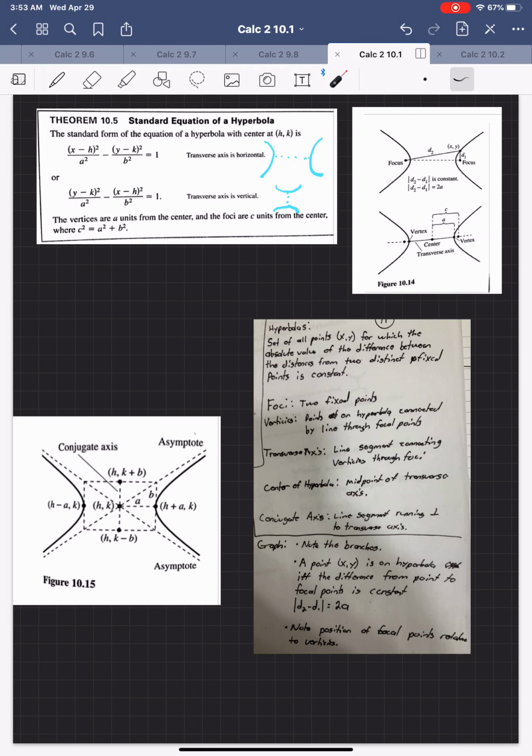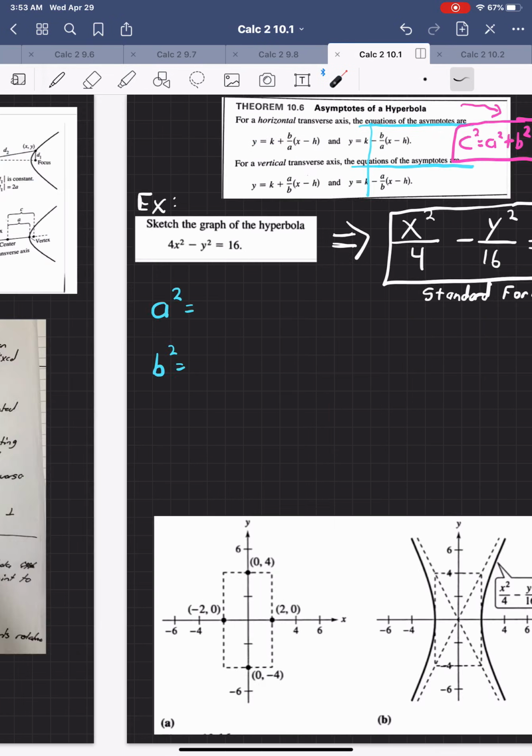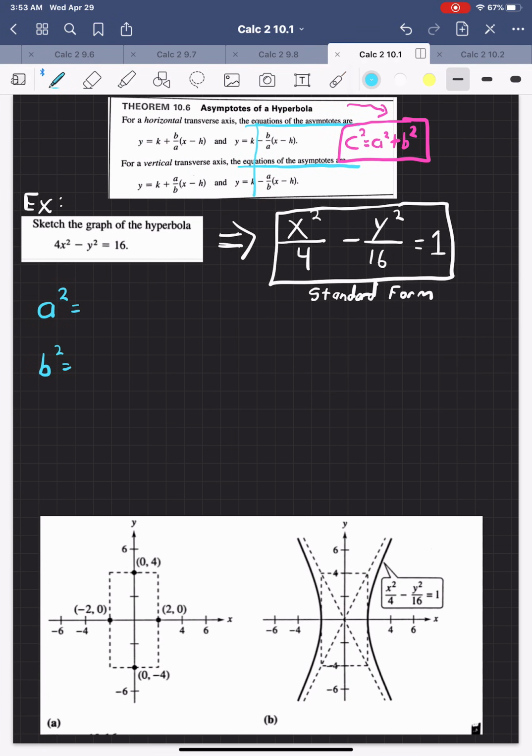Now, if your y is the positive, then your transverse axis is running vertically, and your hyperbola will look like the following. So notice that the A is always under the positive term. That would be the informal way of thinking about it.